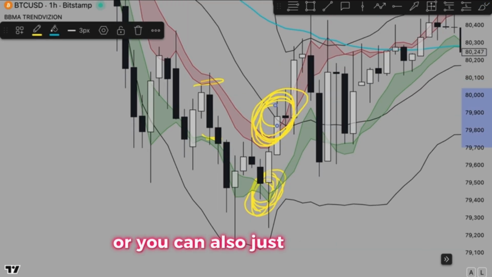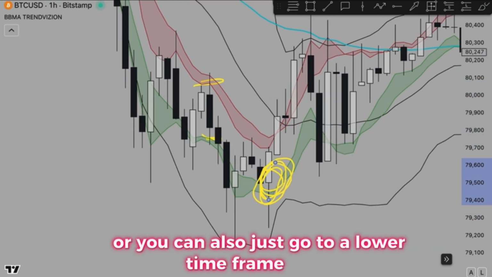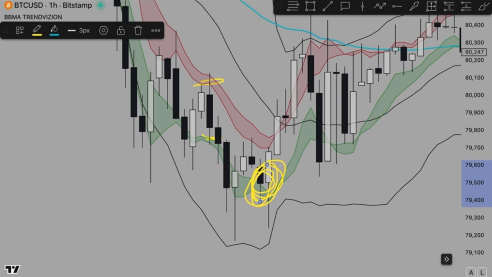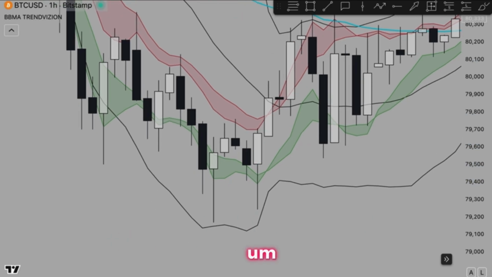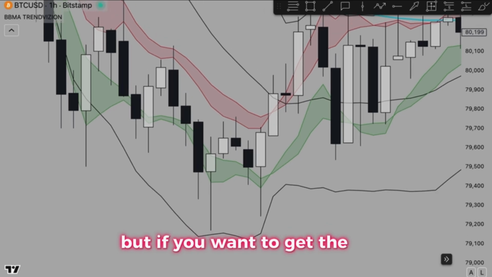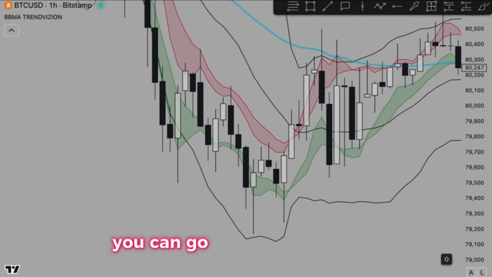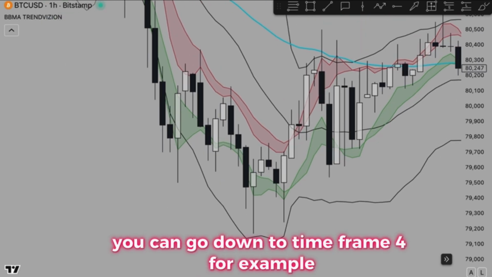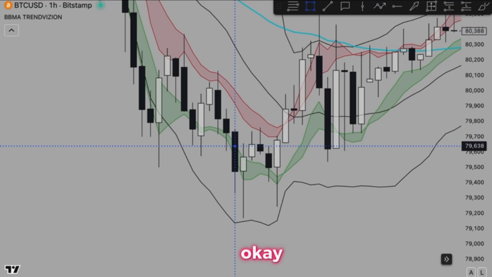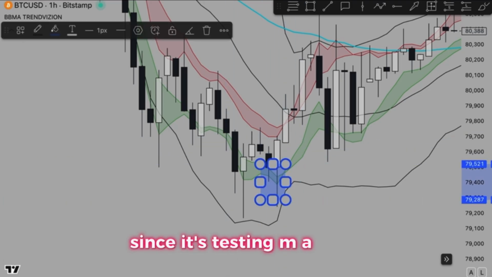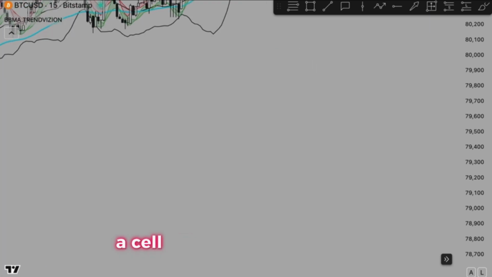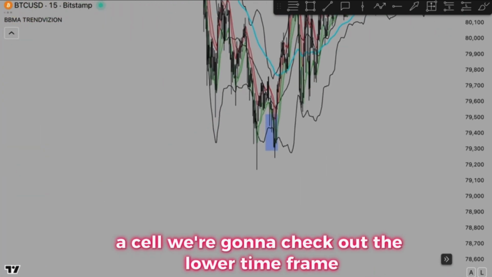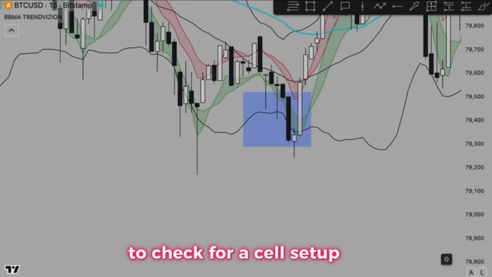Or you can also just go to a lower time frame again, time frame 4, which most BBMA traders don't teach. But if you want to get the most precise entries, you can go down to time frame 4, for example, and you say, okay, well, since it's testing MA low and there's no more CSA sell, we're gonna check out the lower time frame to check for a sell setup break.